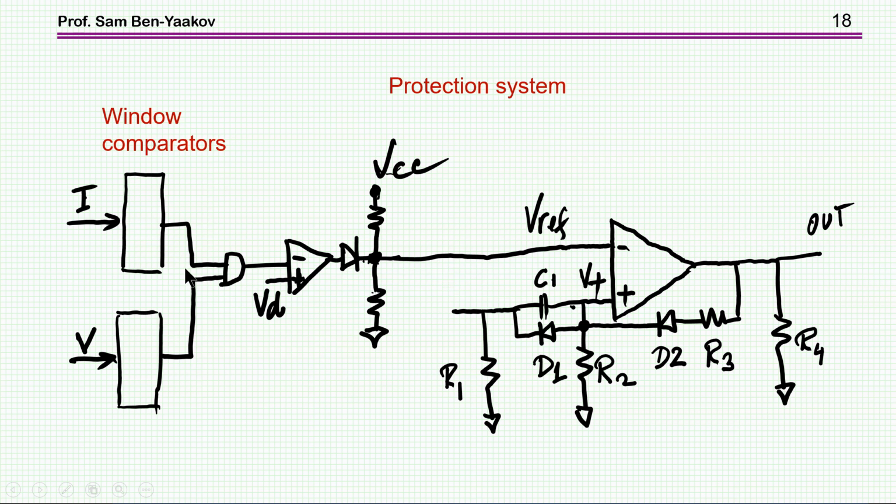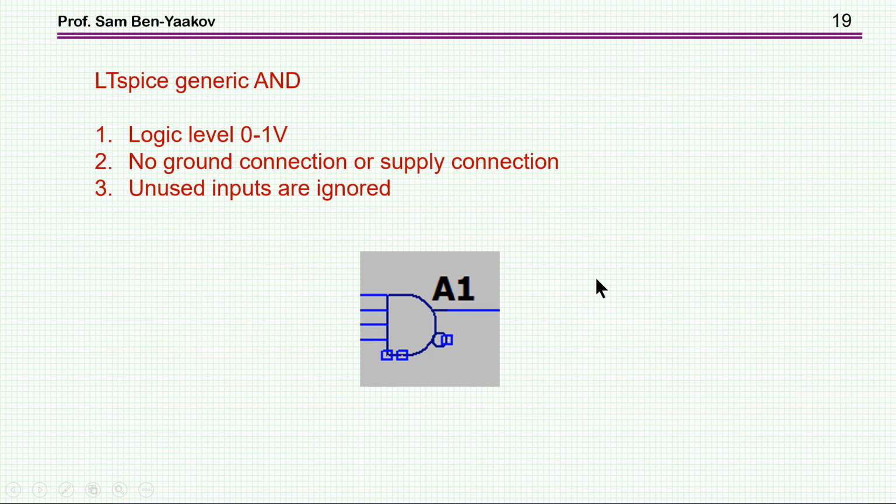So if any one of these is low, they'll be low here, and therefore they'll be high here. And this will push the V reference to a high voltage and therefore unlock the comparator if it is locked, or anyhow prevent these signals coming in from clocking the comparator, because if the reference is very high, then these signals will not reach the reference.